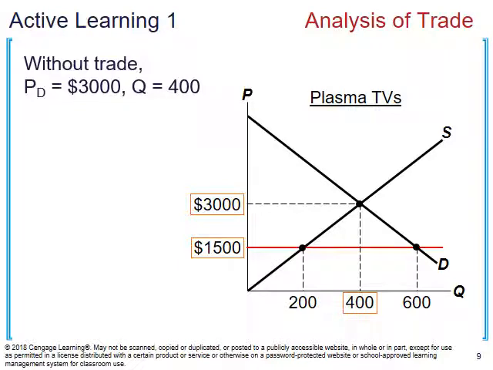What happens is without trade, the equilibrium price is 3000 and the quantity is 400, and this is the example of plasma TVs. But actually in the world market, the world price is 1500.